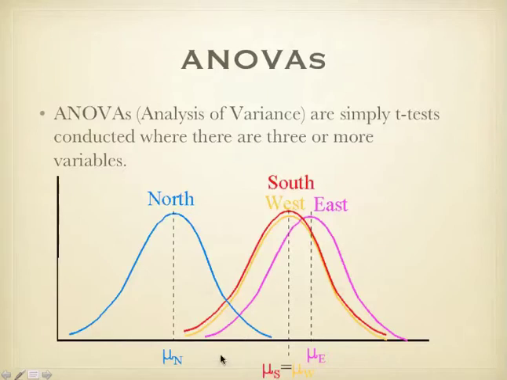And what an ANOVA will do is compare all of these at once. Now you could run t-tests, comparing north to south, north to east, north to west, south to west, south to east, west to east. And that would be 6 different t-tests. Well, ANOVAs will do all of that at once.